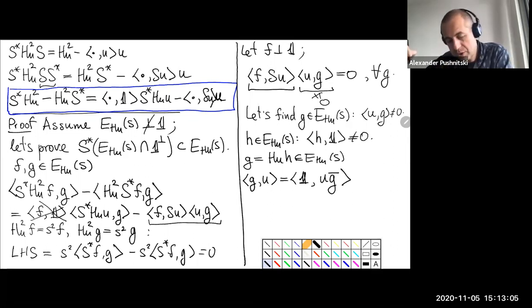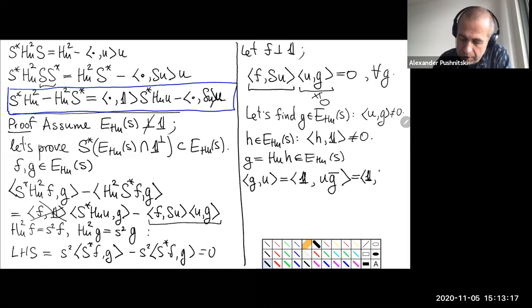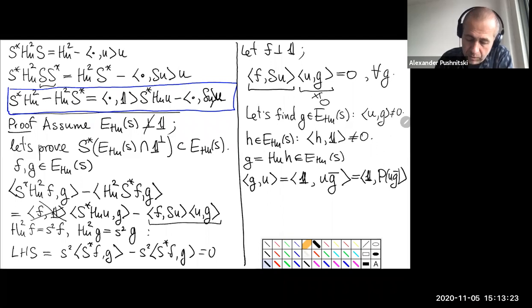And I've just moved G to the other part and put a bar over it. Right? So now because 1 is analytic, I can write it as 1 P U G bar. And now on the right-hand side, I've got the Hardy, the Hankel operator. This is my HUG.